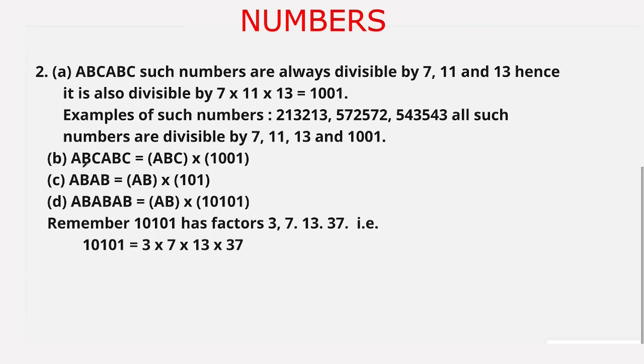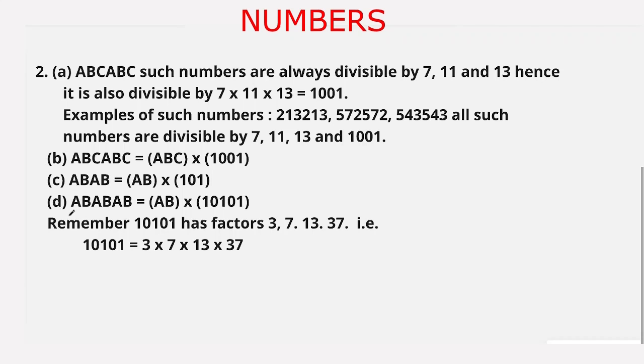Part B, these types of numbers, ABCABC, equal ABC multiplied by 1001, and the numbers of type ABAB, like 5252 or 3636 or 2525, are equal to AB multiplied by 101. It means that these types of numbers are always divisible by 101.